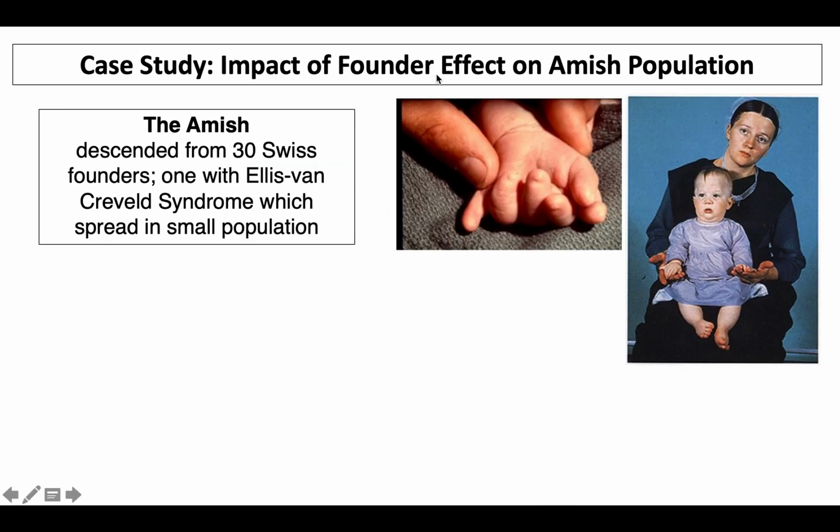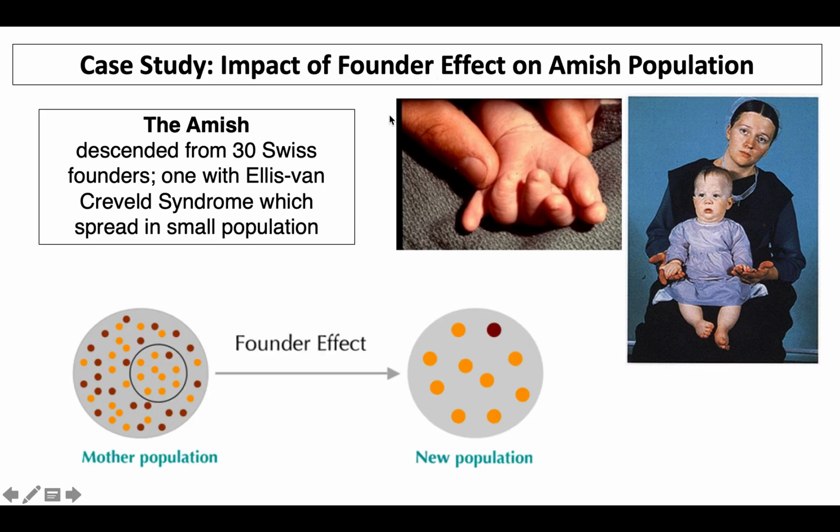Another term that you should know is founder effect. This has to do with migration, when a very small subset of the mother population moves to a new location and only mates with themselves. That reduces the genetic variation in a population, and that is when you can see a lot of genetic diseases come across, such as with the Amish.